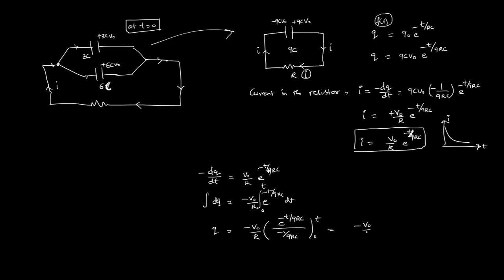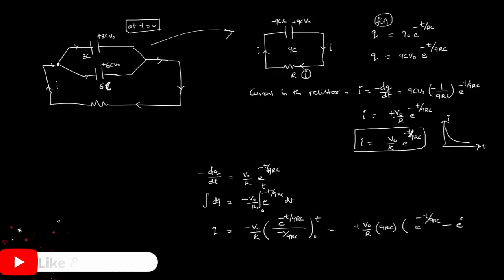So minus of minus will be positive. You can multiply with 9RC, which comes into the numerator. Then writing the limits, e power minus t by 9RC minus e power 0.